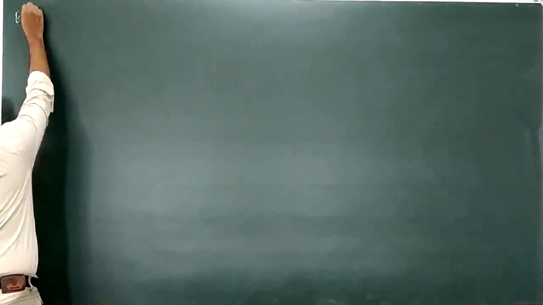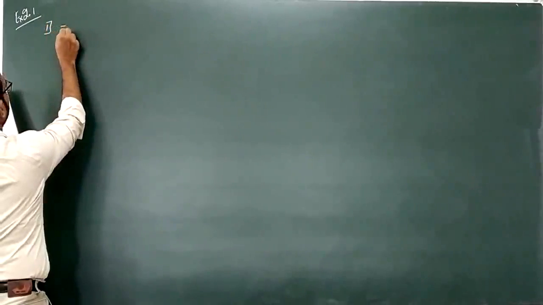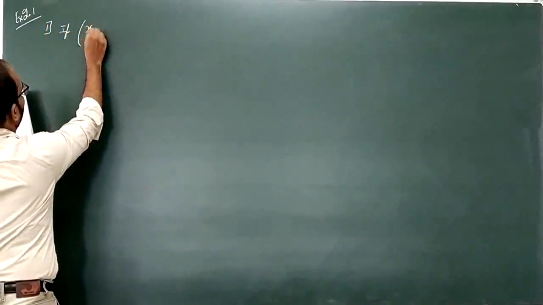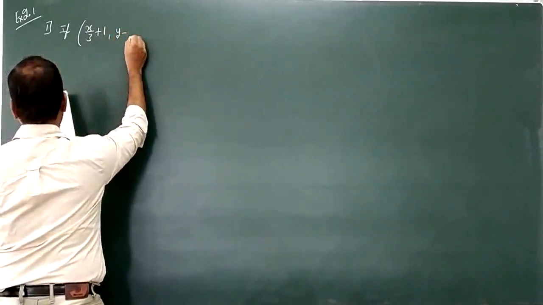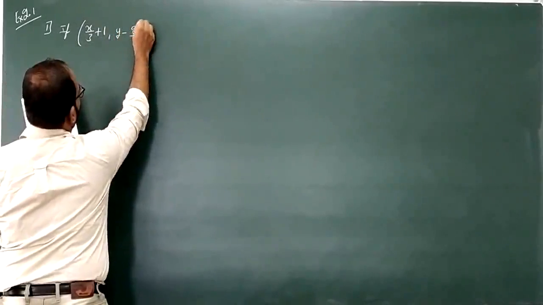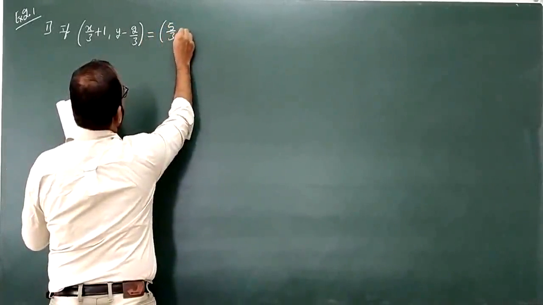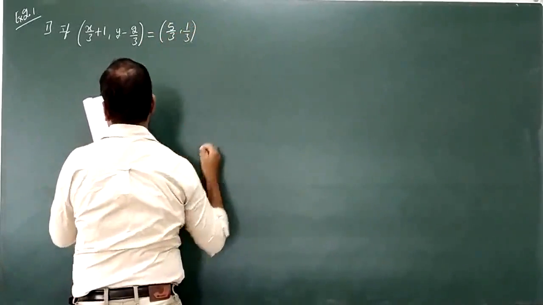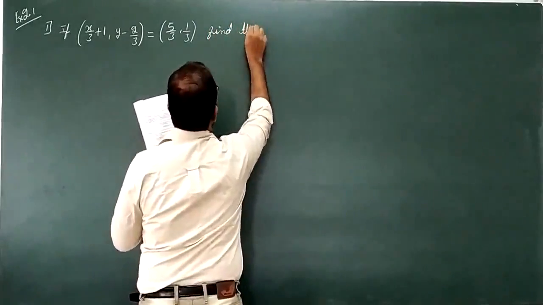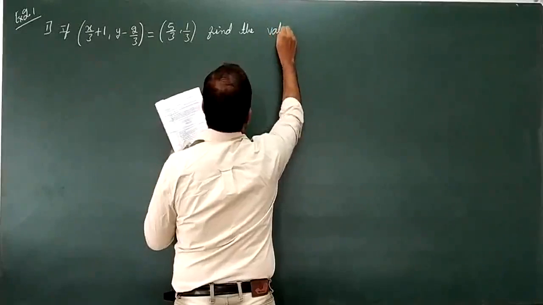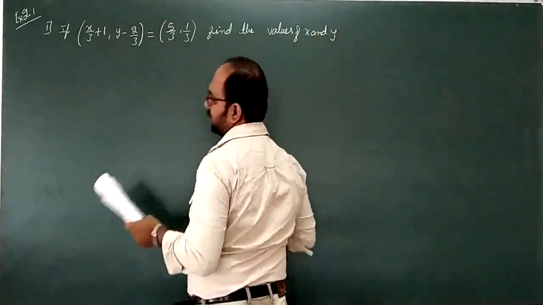Exercise 2.1. In that, first question: if (x divided by 3 plus 1, y minus 2 divided by 3) is equal to (5 divided by 3, 1 divided by 3), find the values of x and y.